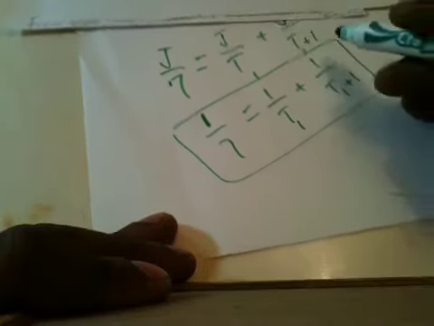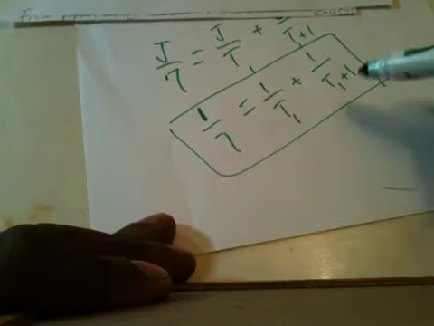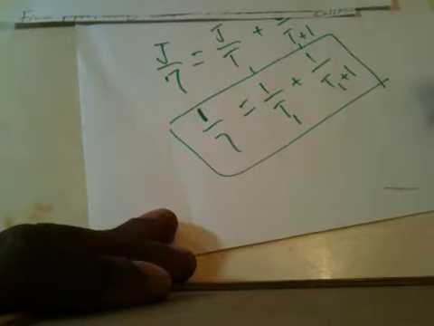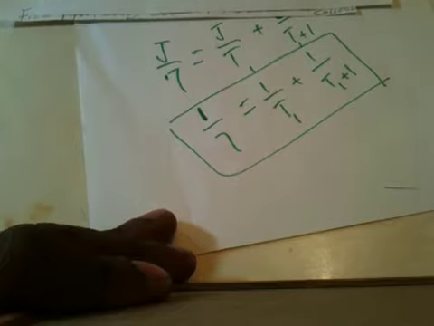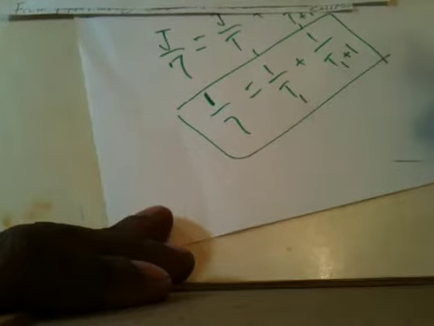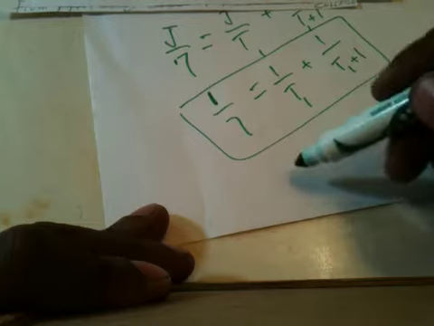This is easy to solve. Now I have to reduce everything and make it look like a quadratic equation, and then that will be really easy. So let's go ahead and do it.